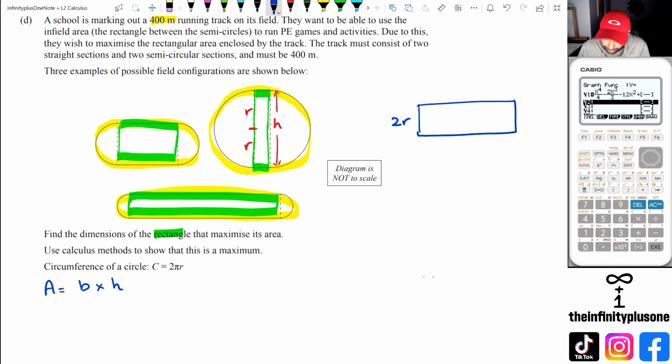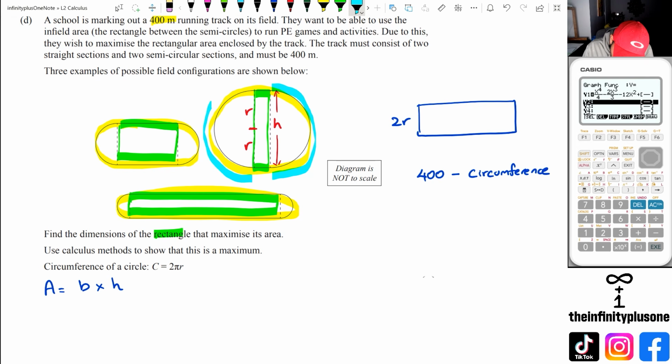Now to figure out the base of the rectangle, I've got to do 400 take away the circumference of the circle. If you think about it like this, the yellow part is worth 400. The blue part here is the circumference of the circle.